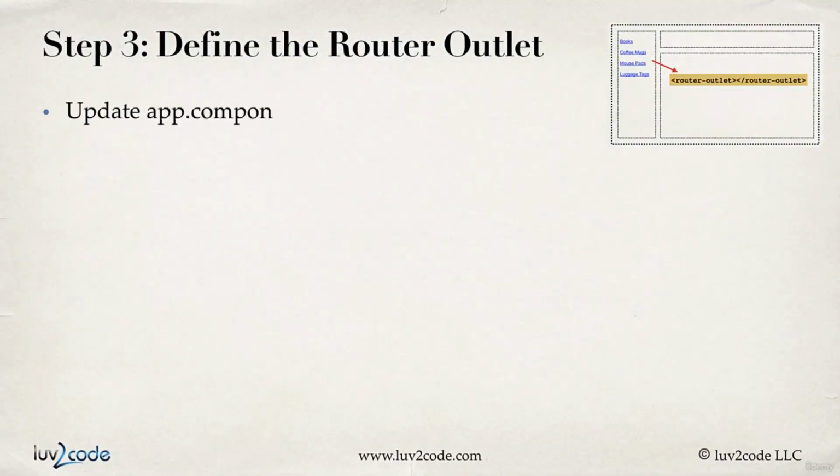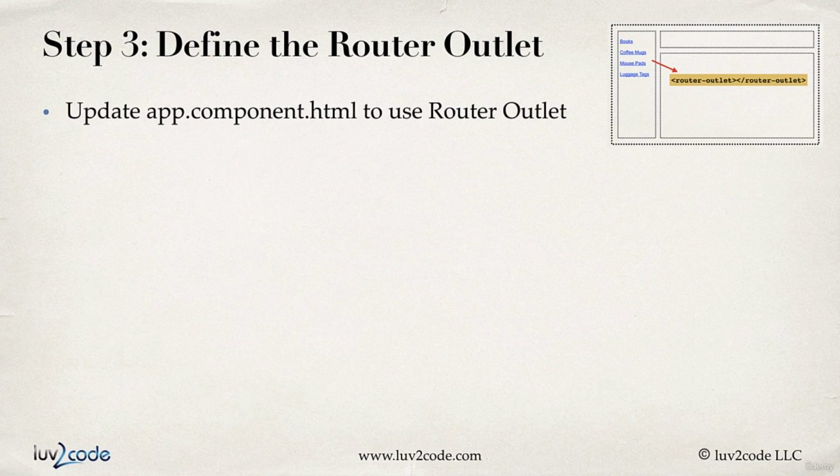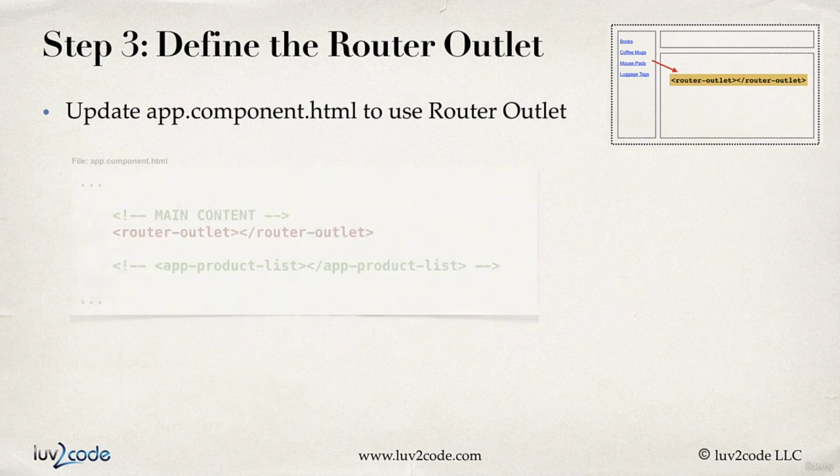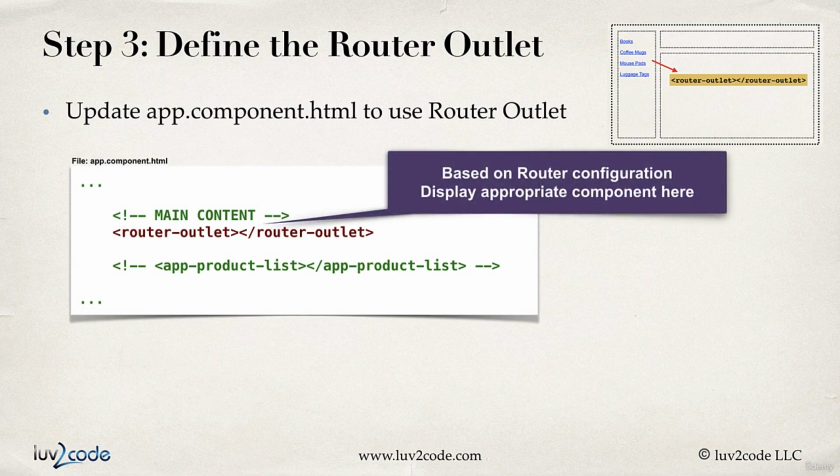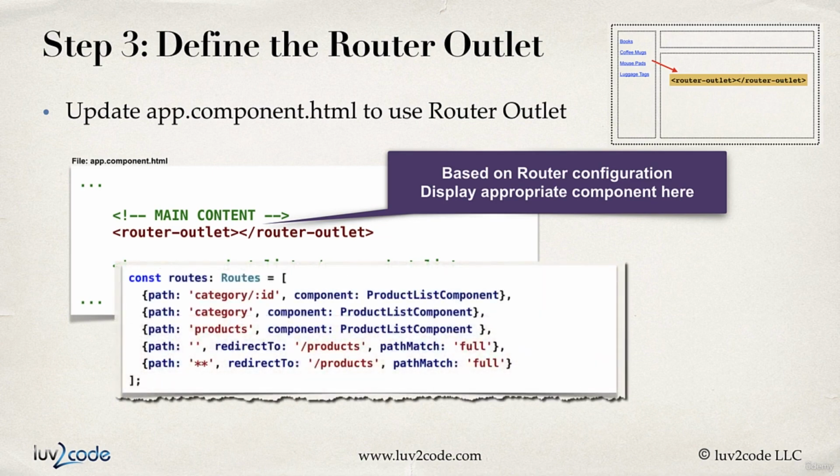Okay, so to make this work, then we need to update our app.component.html to use the router outlet. So in our app.component.html file, in the main content section here, we say router-outlet. So again, we're saying, hey, based on the router configuration, display the appropriate component here. And then here's a little snippet of the different routes. So based on a given path, show component X at this given location.